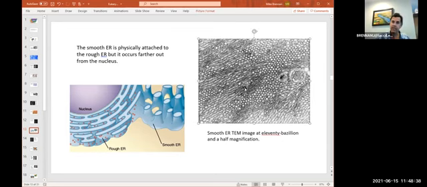And with this TEM here, transmission electron micrograph, I don't know if it's 11 bazillion and a half. It might just be 11 bazillion power magnification. No, just kidding. It's probably like, I don't know, 5,000 times magnification. That's a good guess. Maybe 7 to 10,000 times. I'm not super sure.